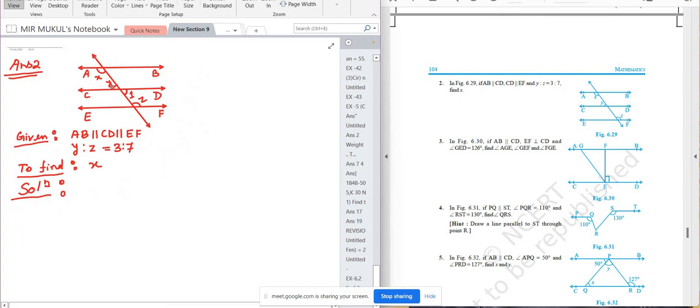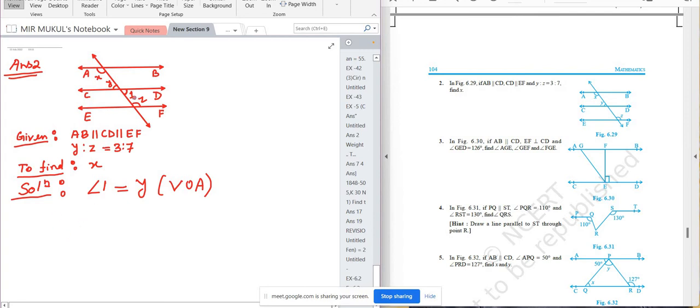Okay. Here angle y and angle 1 both will be equal. Why? Angle 1 equals y because they are vertically opposite angles.